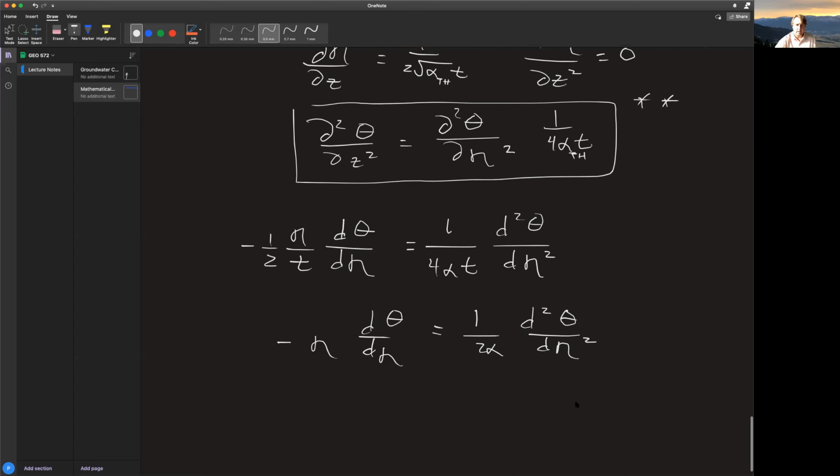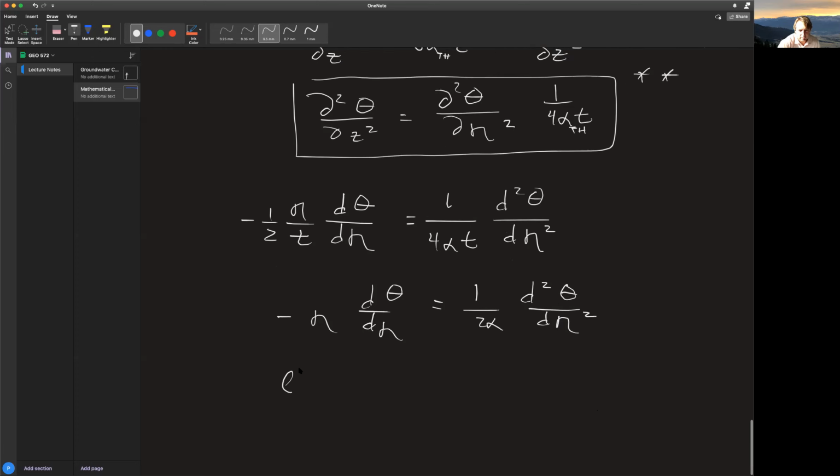And I know that theta of infinity is equal to 0, and I know that theta of 0 is equal to 1.